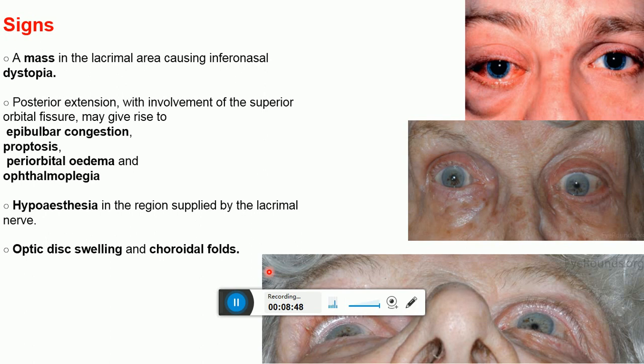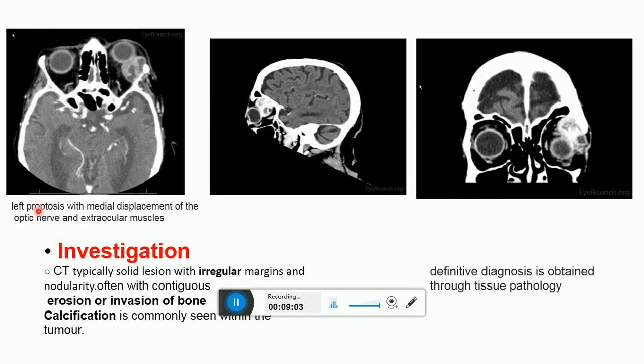Also hyperesthesia in the region supplied by the lacrimal nerve, and optic disc swelling and choroidal folds. Here is left proptosis with medial displacement of the optic nerve and extraocular muscles.